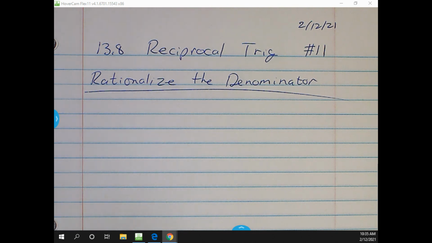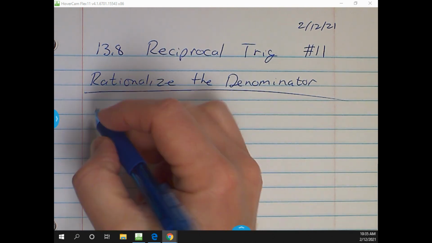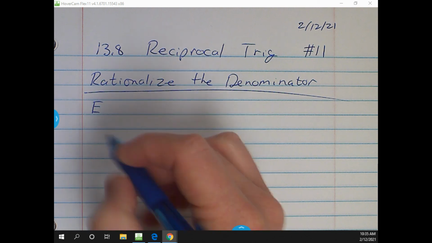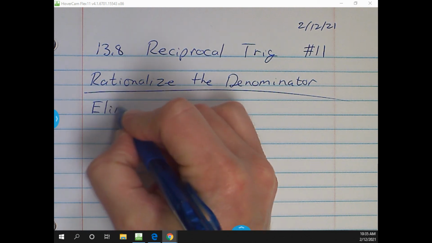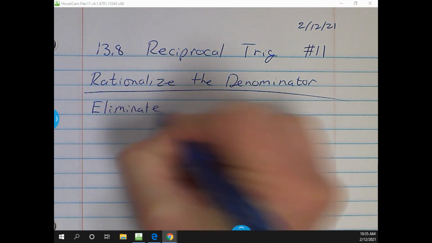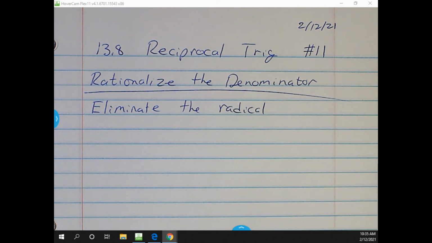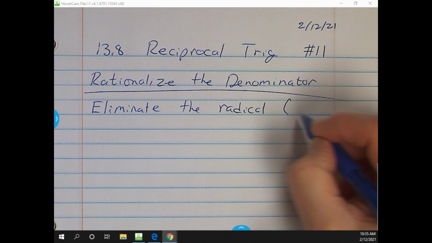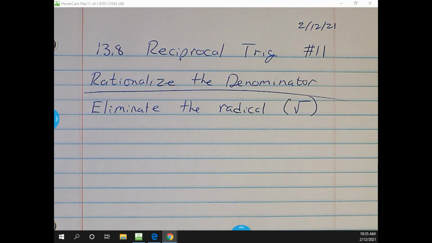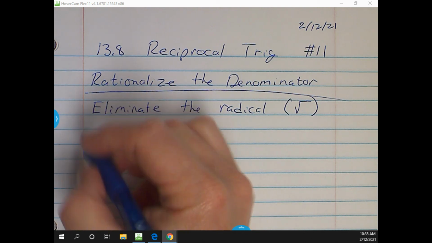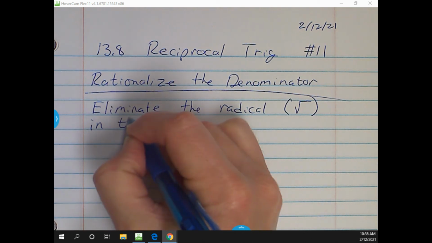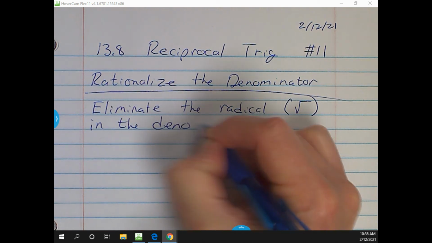All right, so rationalizing denominators. Here's basically what you're going to do. You're going to eliminate the radical. And again, we're talking about radical for everything we're doing right now. That's your square root symbol. So we're going to eliminate the radical in the denominator.